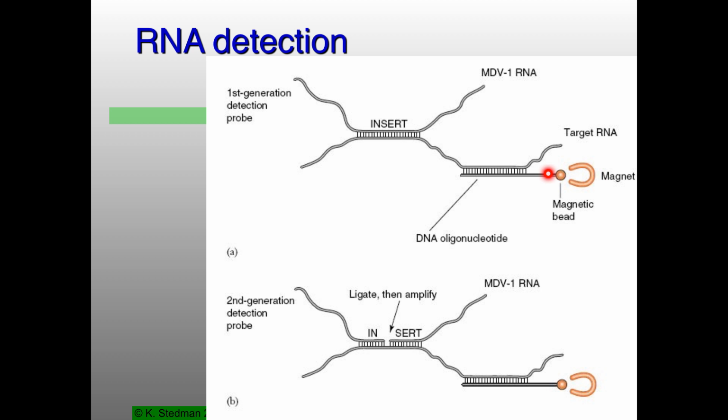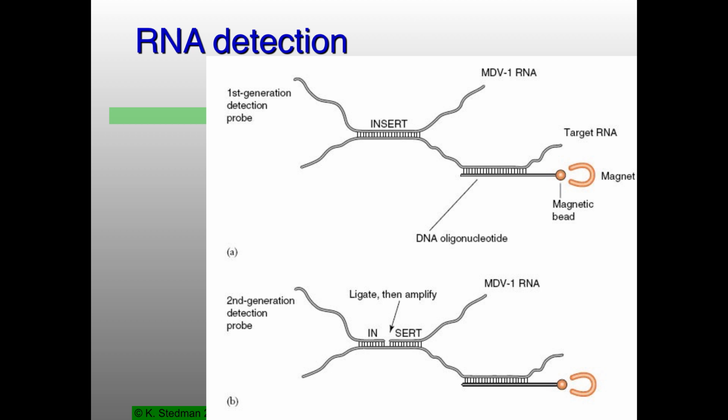The MDV RNA then is just a marker saying this was here. If, however, you don't have any of that, you put in this MDV RNA and the Q-beta polymerase, nothing's going to amplify.